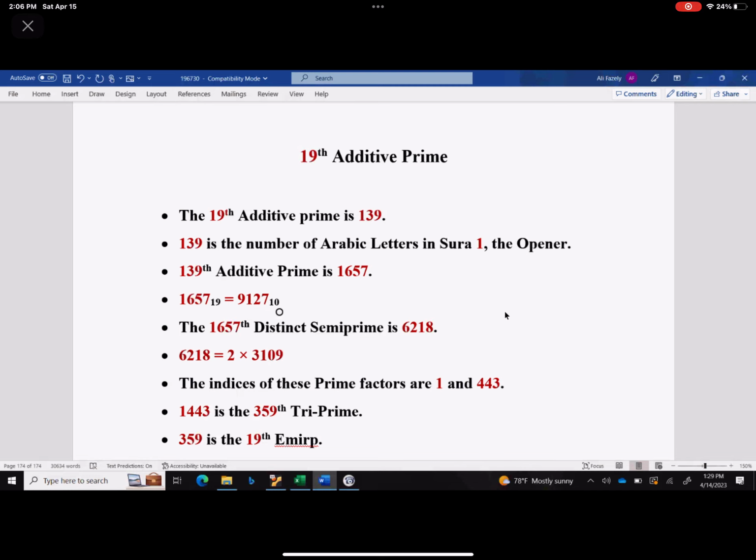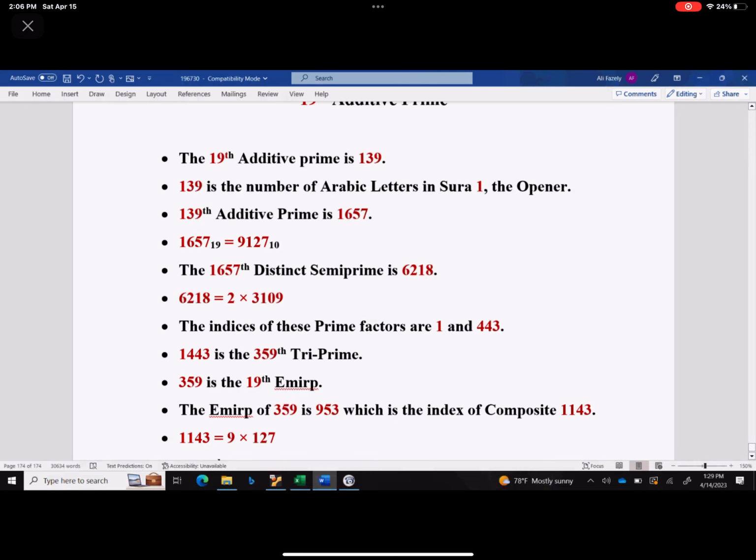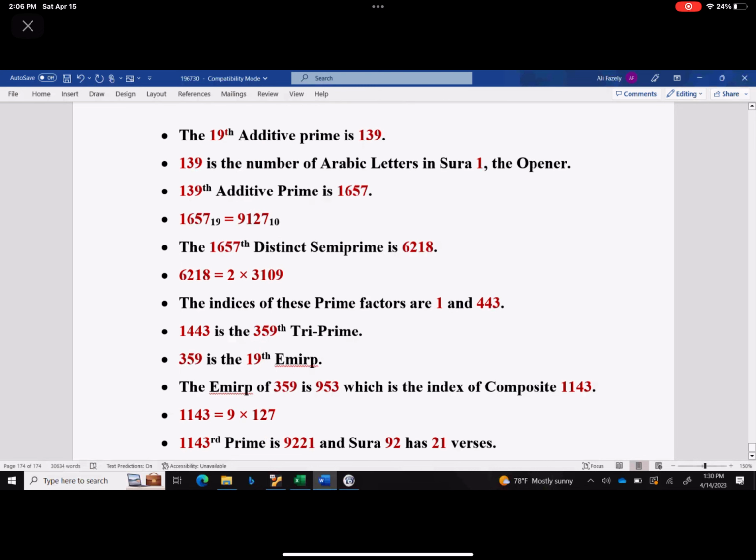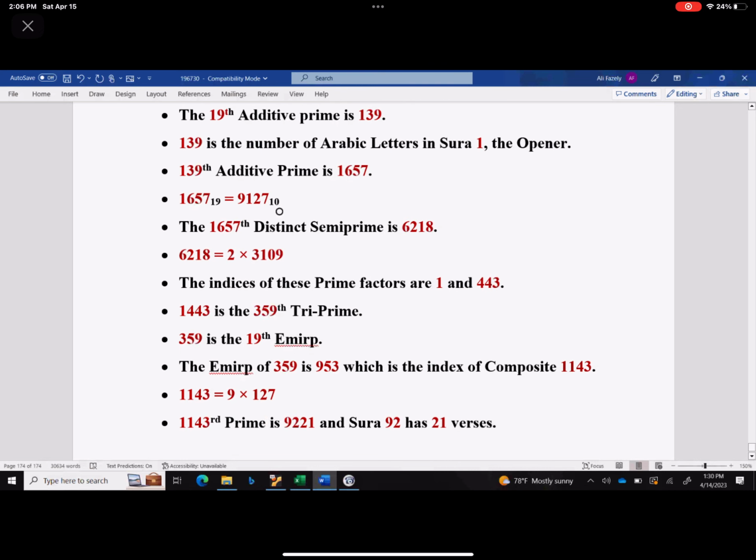So again, what I said was that we really do not have any option but to gravitate towards the truth. And this is the truth. This whole thing that I just told you today bears witness to the fact that the Quran is there regardless of the print. It is in the numbers.